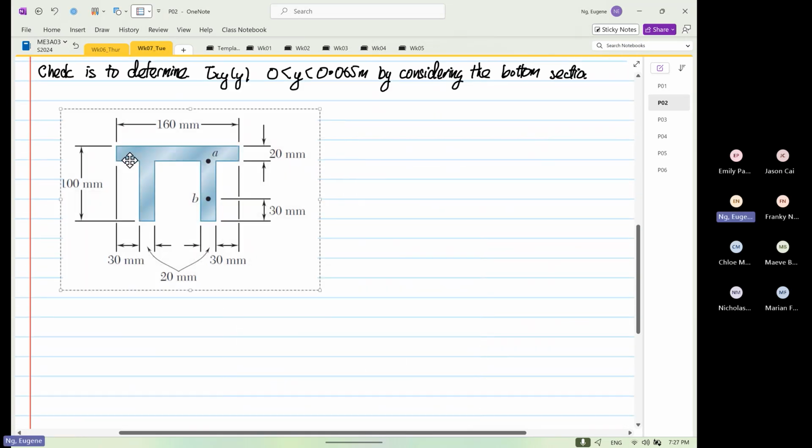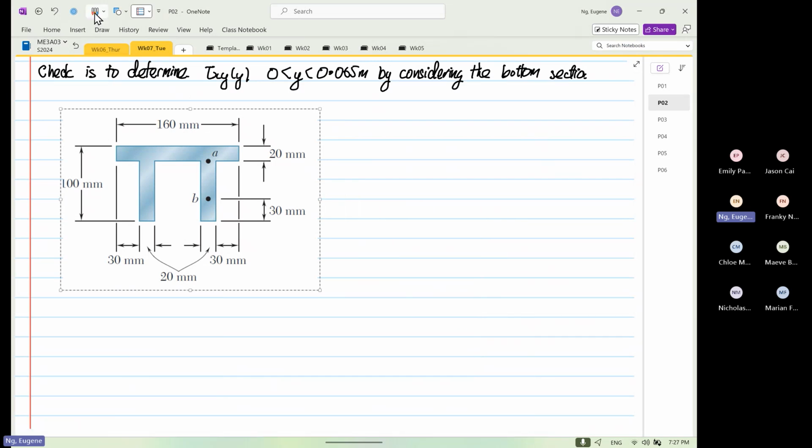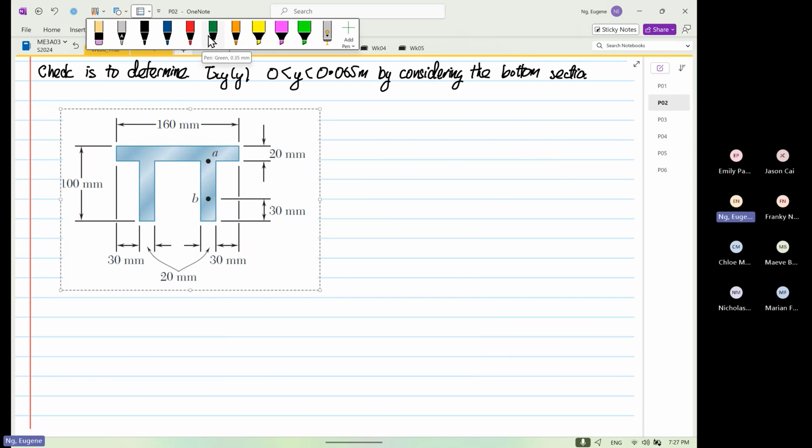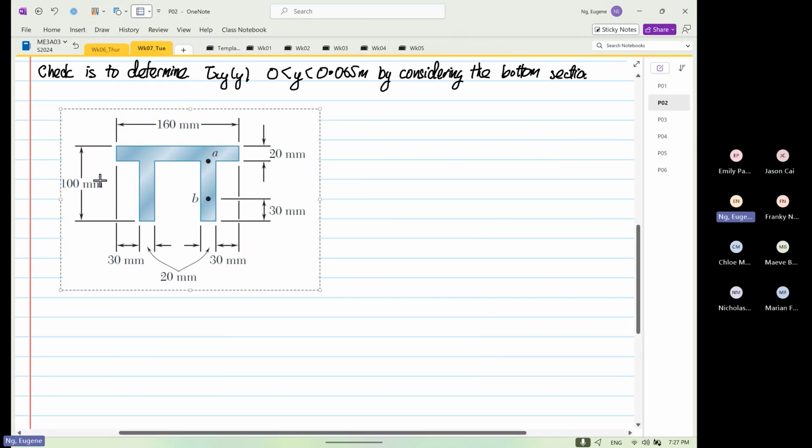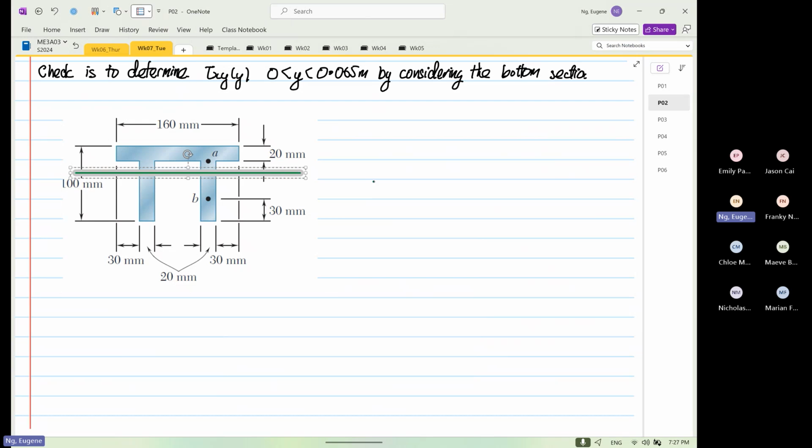So now if we were to consider the bottom section, the answer has to be the same. If the answer is wrong, fundamentally there's something wrong with what we have just derived. So we call this the top section. Down here is the bottom section. We know that this is 35 millimeters.